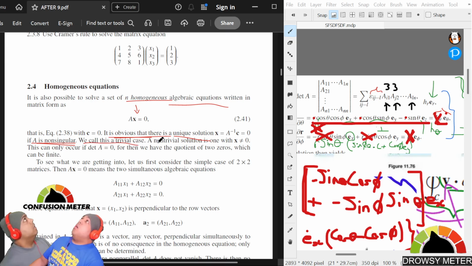We call this the trivial case. A non-trivial solution is one with x not equal to 0. So one of the answers is x equal to 0, all the x's are 0. A non-trivial solution can only occur if the determinant of A equals 0.